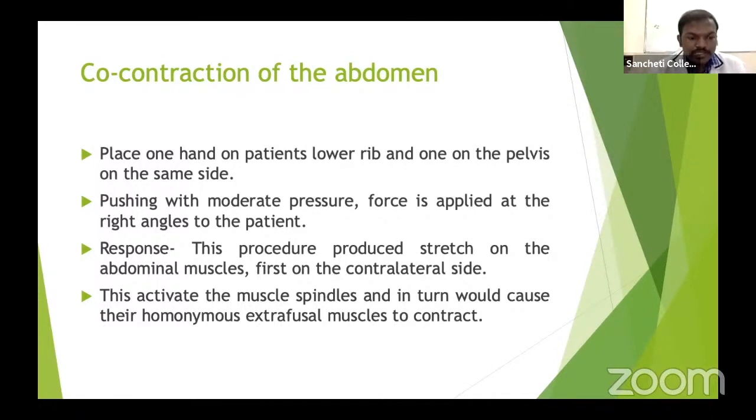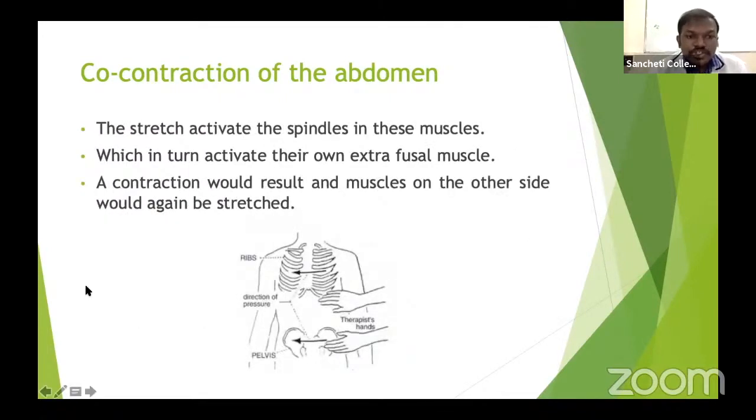Once these muscles are contracted, the muscle on the other side is stretched and its muscle spindles are activated, which in turn activates their own extrafusal muscles. So a contraction would result and the muscle on the other side would again be in a stretch. As these muscles are getting stretched and muscle spindles are getting activated, the movement is increased and it is transferred to the upper thoracic region.